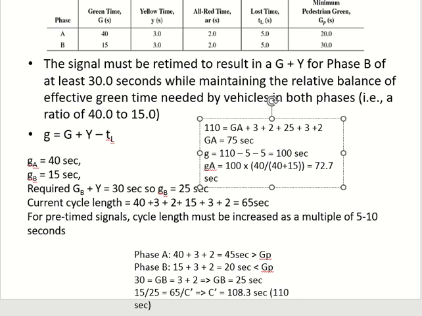The numerator is the old time of that phase which you are calculating, and the denominator is the total effective green time. If it is 10 phases, I will add 10 terms in the denominator, and I will use the numerator one by one for each phase. Got it? Any questions?